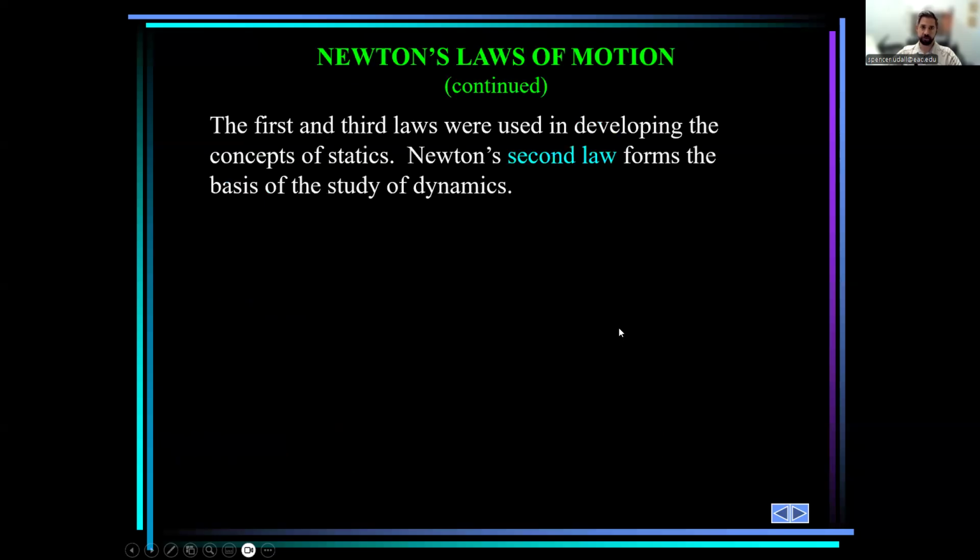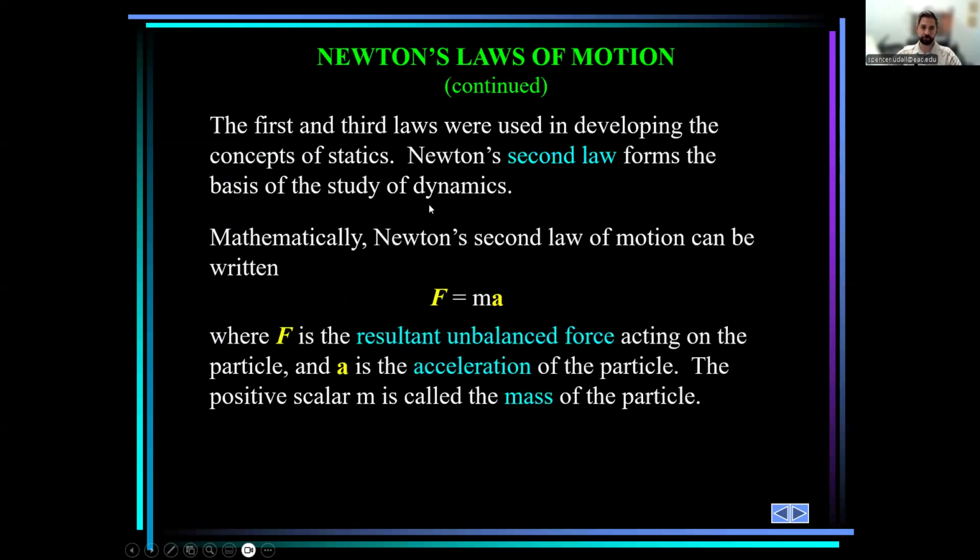So we're going to really focus on the second law, which is where we get this force equals mass times acceleration. The acceleration is proportional to the net force of unbalanced force acting on the object. So very powerful equation. So far, we've just used that to find weights for the most part.